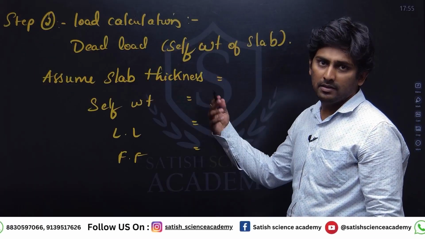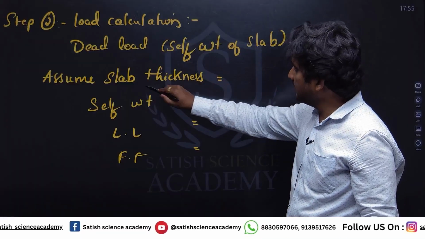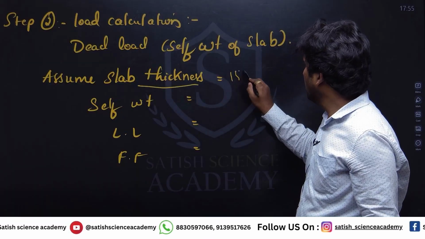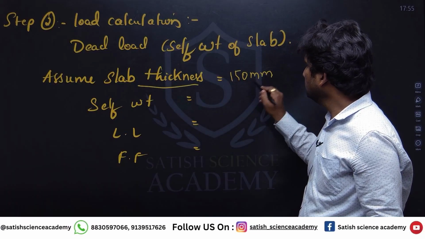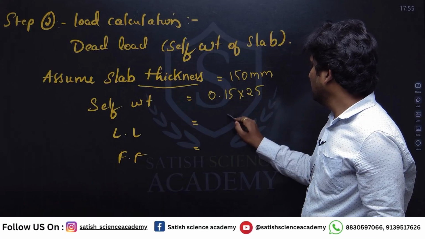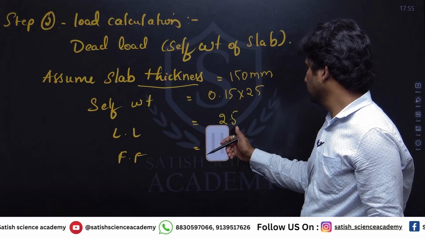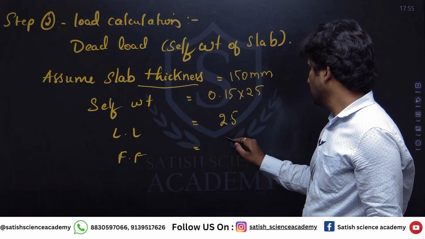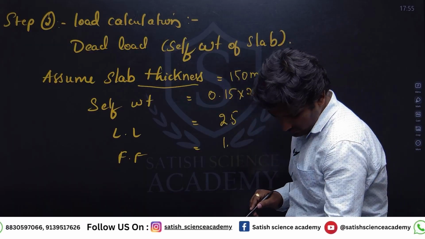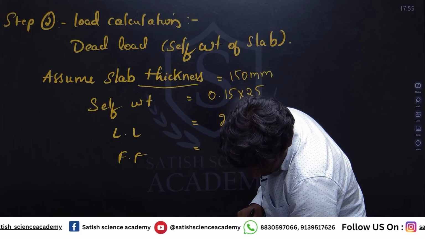So next step is load calculation. For load calculation, here we will assume the slab thickness of 150 mm. So load calculation is 0.15 into 25, which is 3.75 kilonewton per meter. Live load is 2.5 kilonewton per meter.